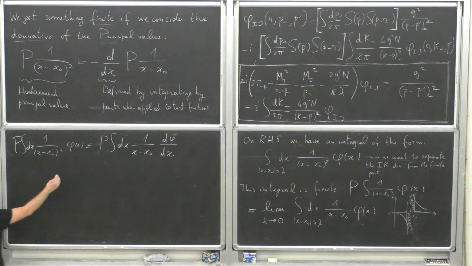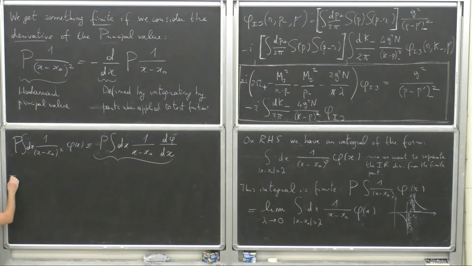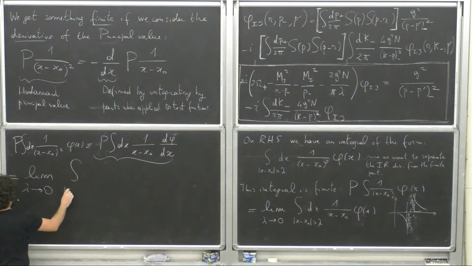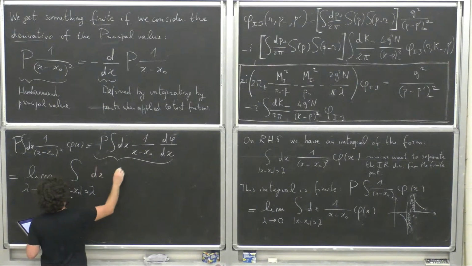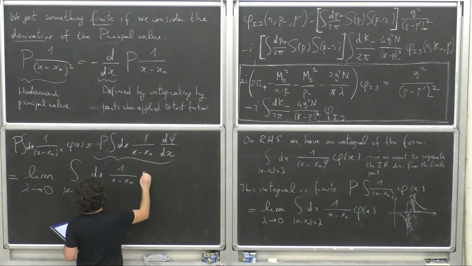Now this, we know what it is. This is just the limit for the IR cutoff that goes to 0, the limit for IR cutoff lambda that goes to 0 of the integral for |x minus x naught| bigger than lambda of the integral of the derivative of phi.